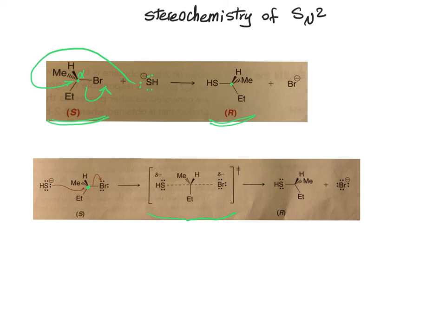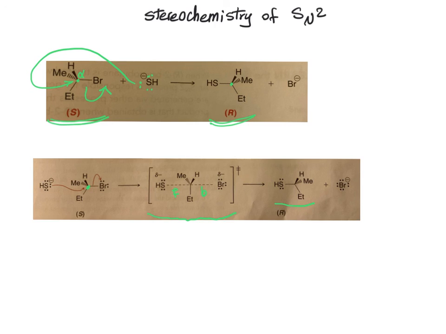The bond between the alpha carbon and sulfur is in the process of formation, and the bond between the alpha carbon and bromine is in the process of breaking. And finally, the bond between the alpha carbon and bromine completely breaks. The bond between the alpha carbon and sulfur completely forms. And this is the product.